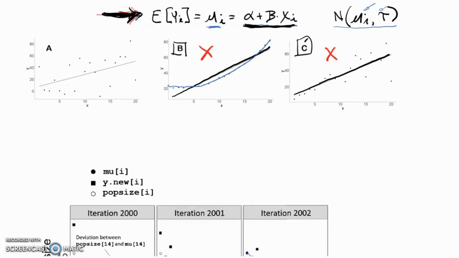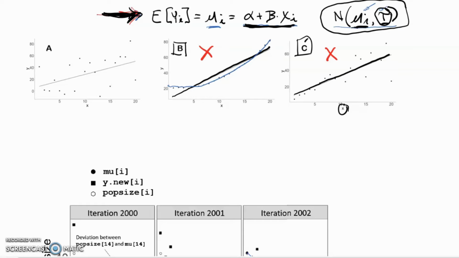The reason is that when I think about how these observations arise, they're deemed to arise from a normal distribution with some mean mu i and some precision tau. But what we assume is that this value of tau, this metric of variability, is constant irrespective of the value of x.